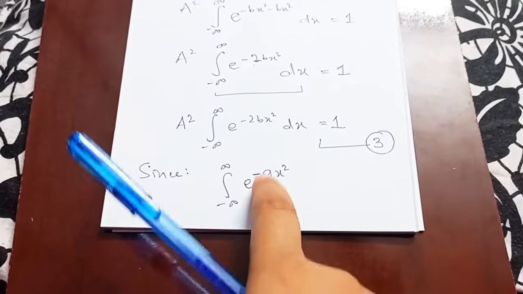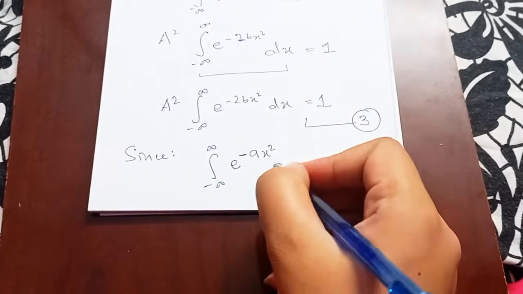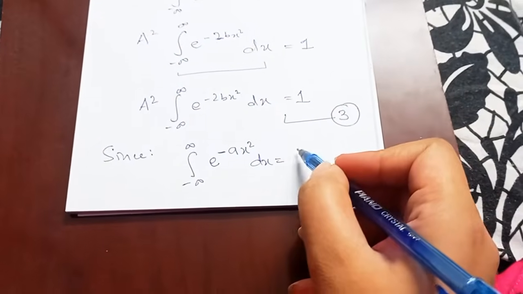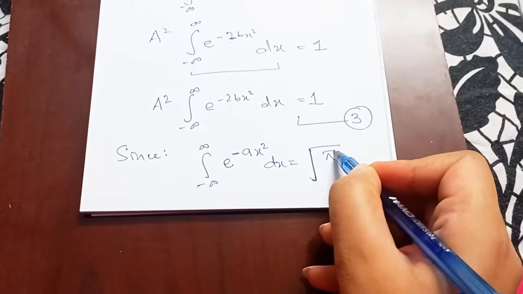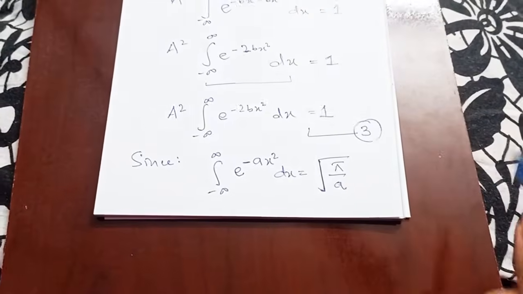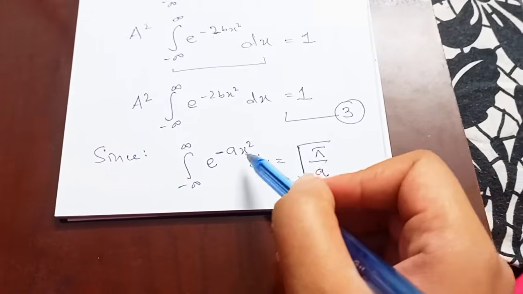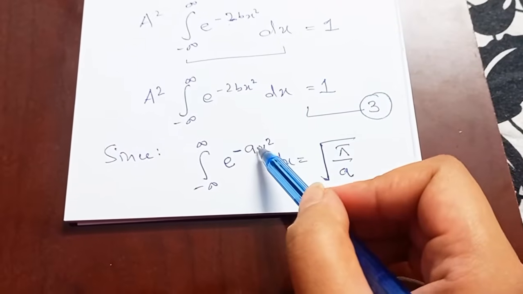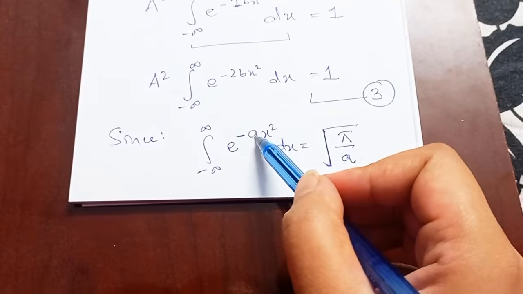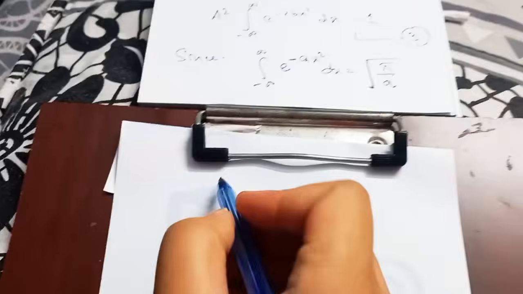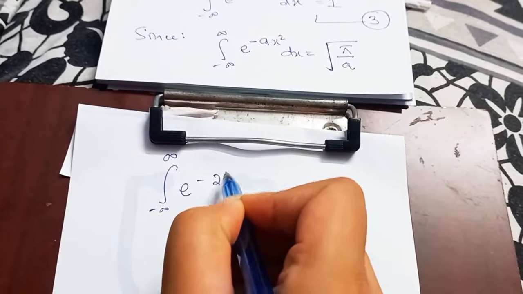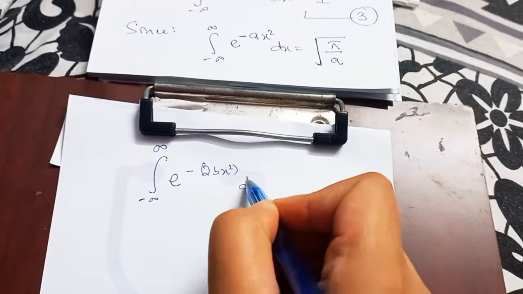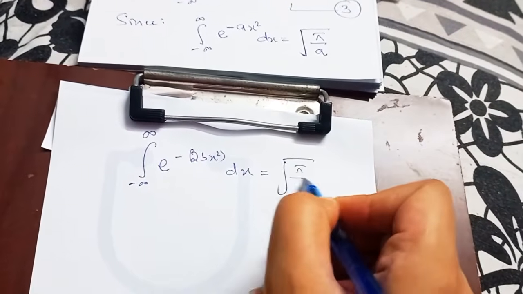We can put the value of a to be 2b here, so our case is there. It is equal to the square root of pi by a. Pi is always there, divided by the thing that comes with x square, which is a here. And in our case we had e to the power minus 2bx square, so it means we'll replace a by 2b and we'll get the value.